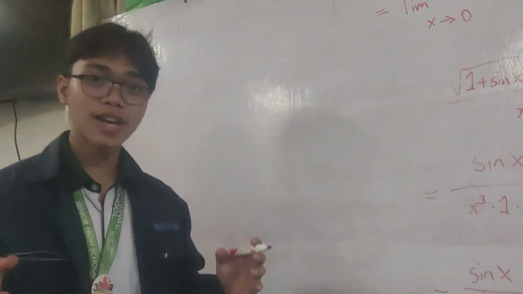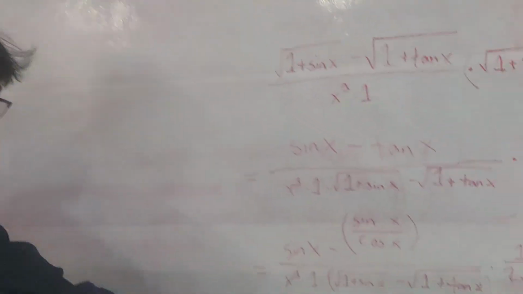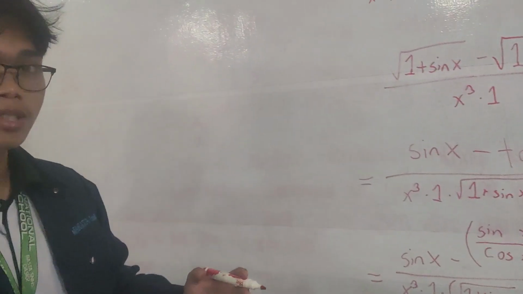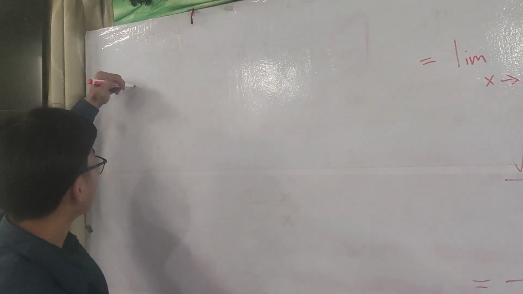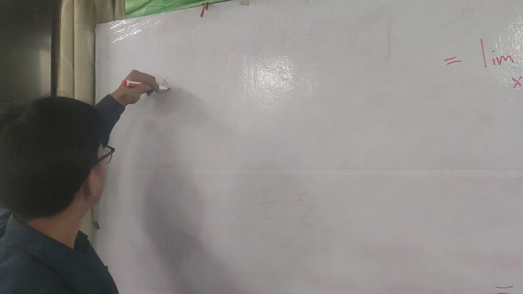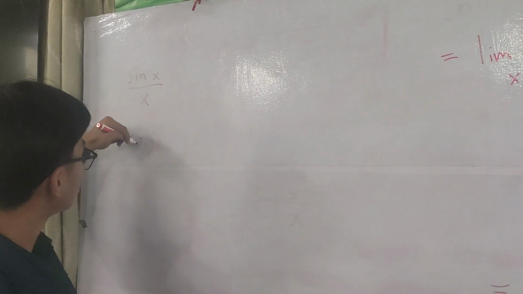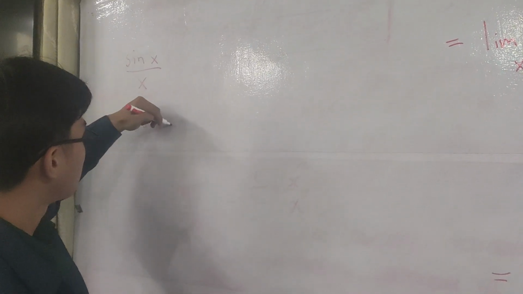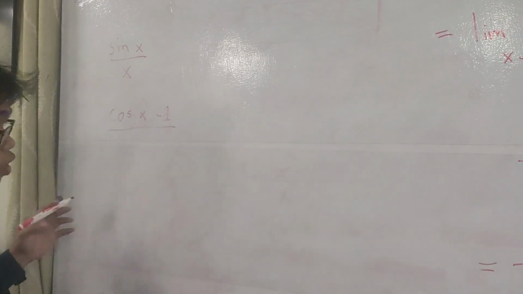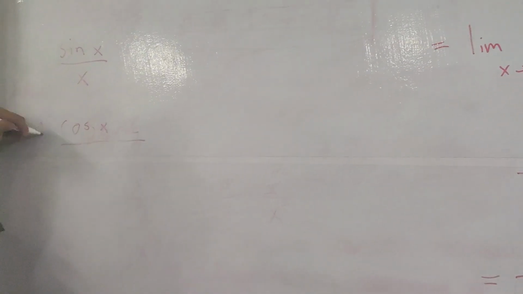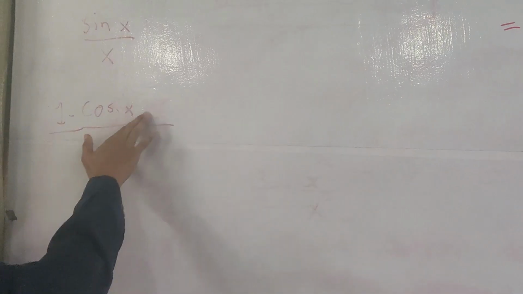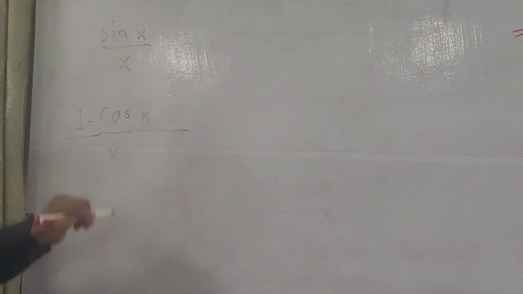So, do you recognize a pattern here? There are three special limits, like sine x over x, and cosine x minus 1, or 1 minus cosine x over x.